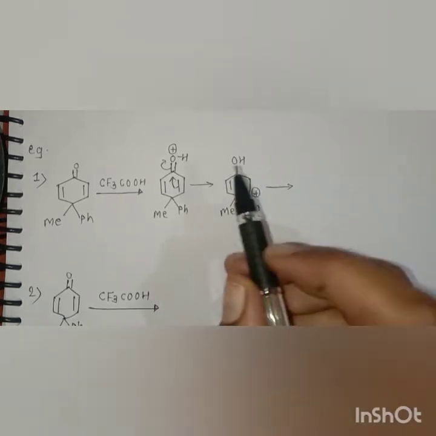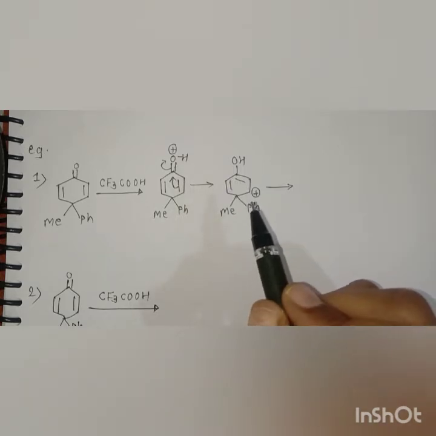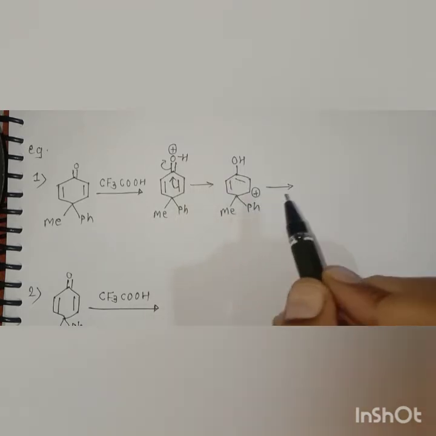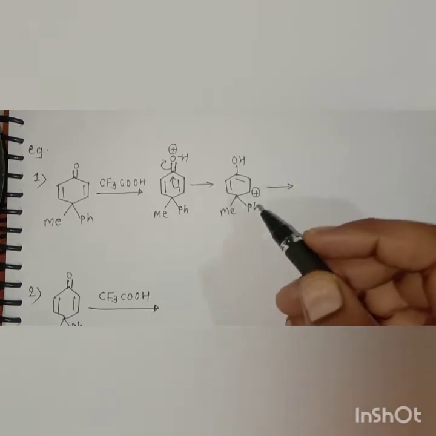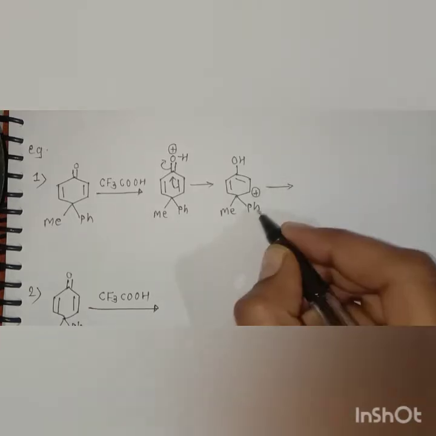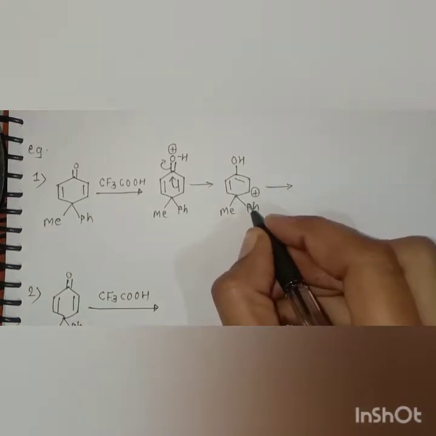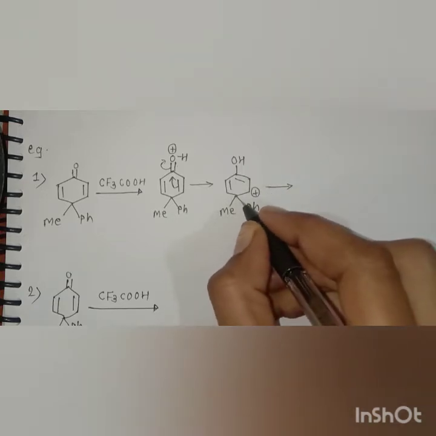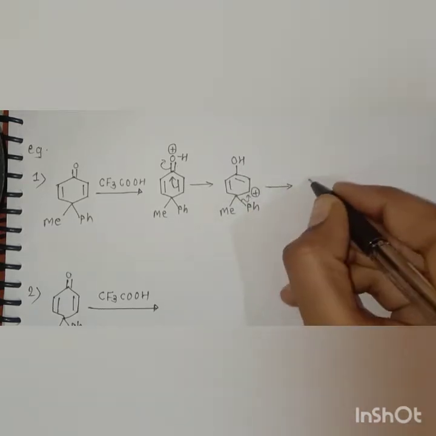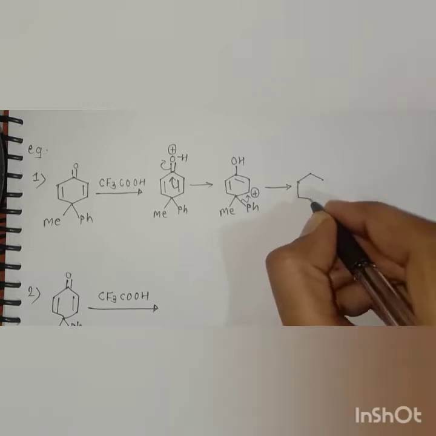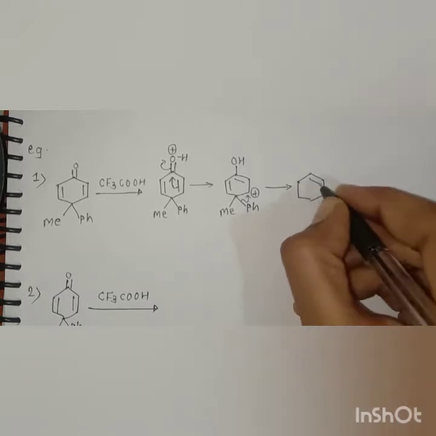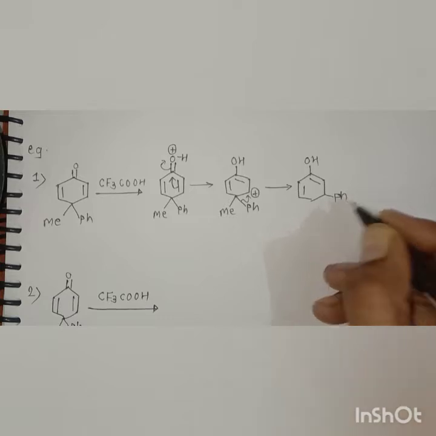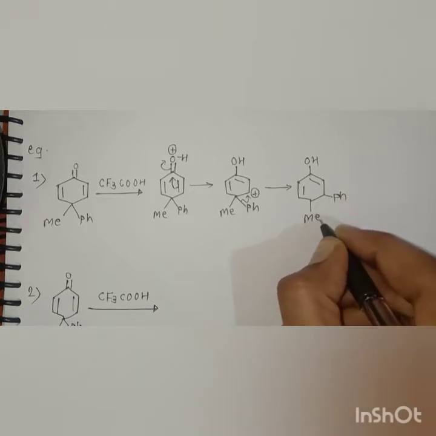As in Dienone Phenol Rearrangement, the transition state is cationic, so the group which can stabilize the cationic center migrates more rapidly. So here migration of phenyl group takes place and we get this.